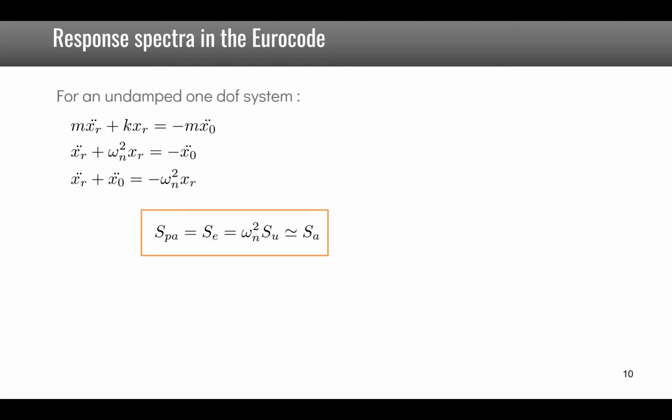Therefore, the pseudo-acceleration spectrum, which is defined as omega n squared times the relative displacement spectrum, should be close to the total acceleration spectrum SA. And this omega n squared SU is called SE in the Eurocode. It's called the elastic response spectrum.